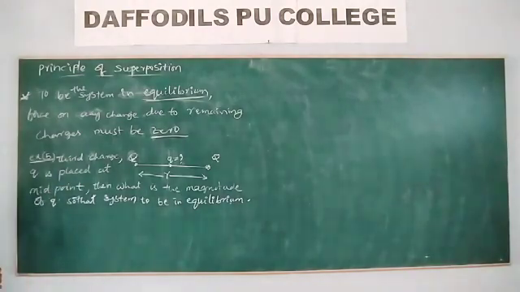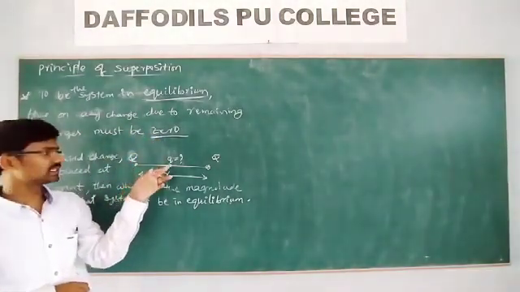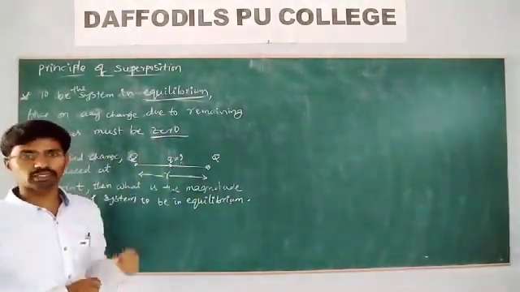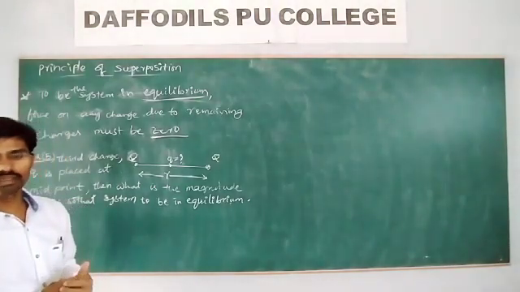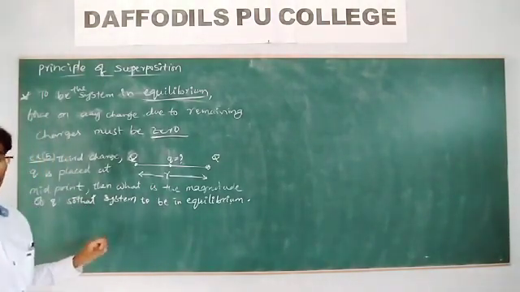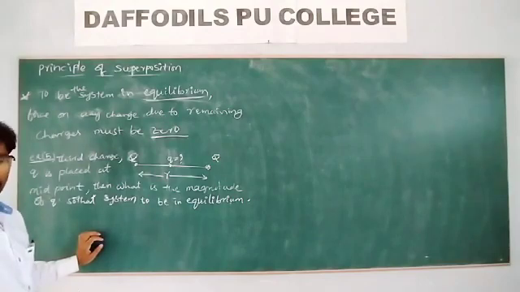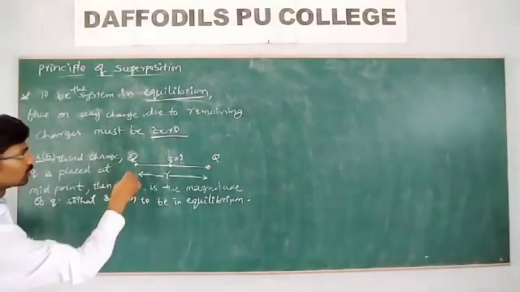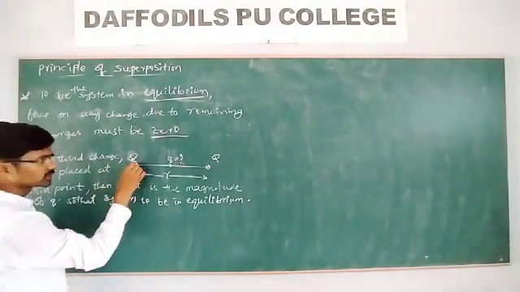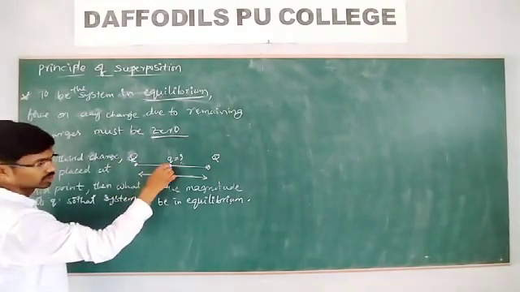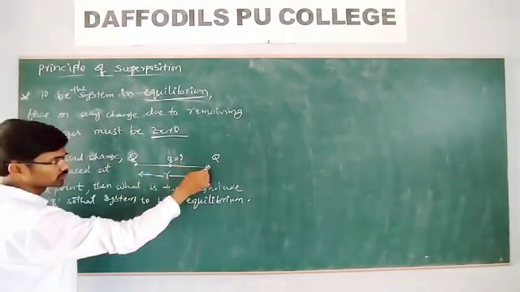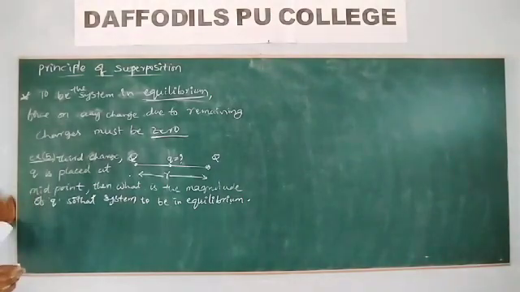But we don't know whether it is positive or negative, that we will get later. The force on this charge due to this one and the force on this charge due to this one must be 0.